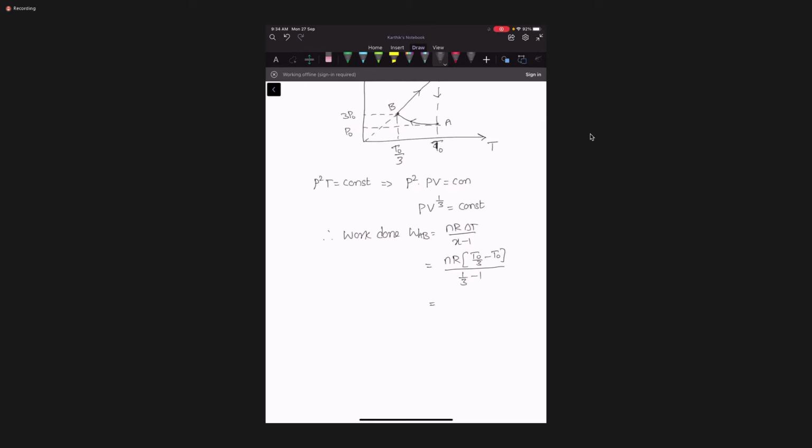So this will be 3 gets cancelled. 1 minus 3 is minus 2. That is 3 T naught, no?